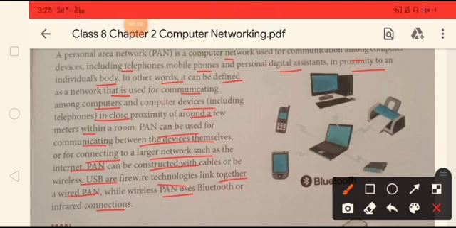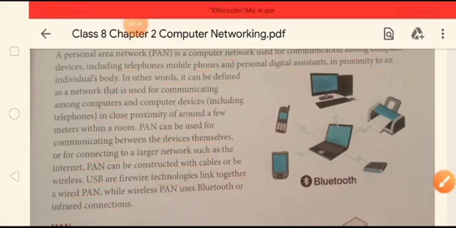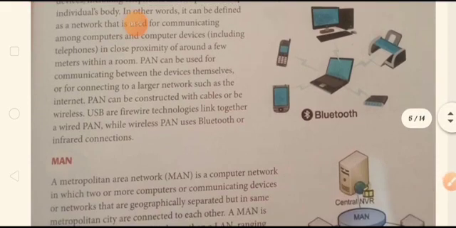Suppose you have heard of the application SHAREit, it can be used within only a few meters range. Bluetooth can be used within a few meters range. In the same way, the personal area network is also there. It can be a wired PAN, with the help of cables, and a wireless PAN also. Wireless PAN examples are Bluetooth and your Wi-Fi.